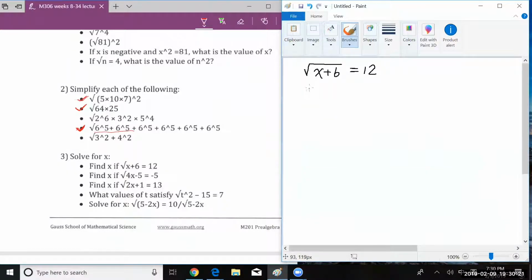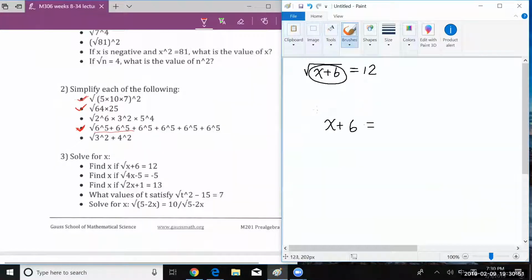I want to show you one problem first, okay? First problem, the square root of x plus 6 is 12. What is x? Can we look at x plus 6 as one item? Basically I want to know what squared makes the square root 12, so it's 144. Then you do 144 minus 6.